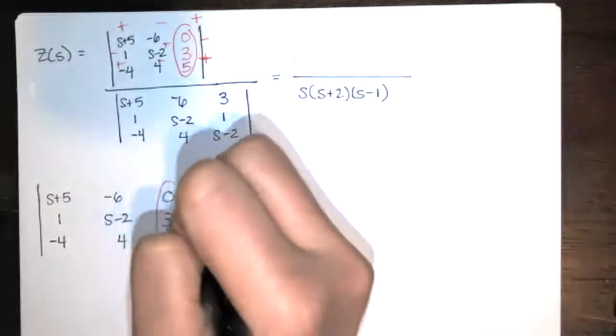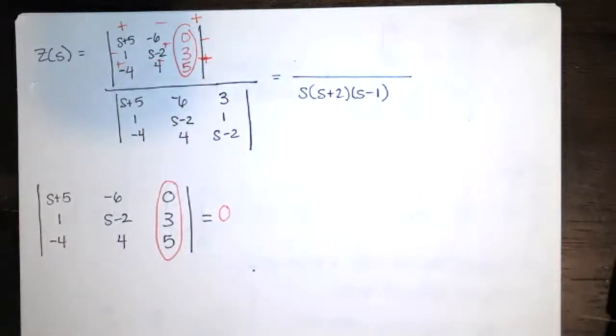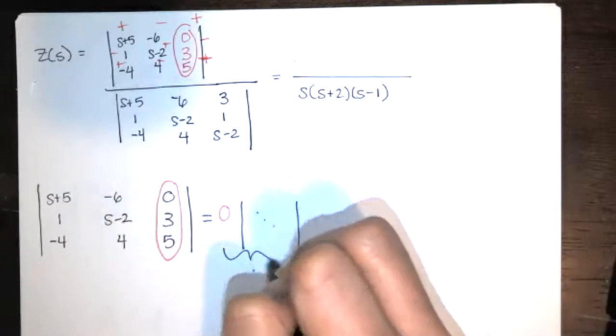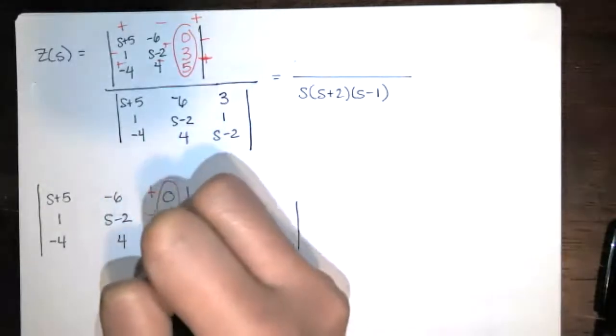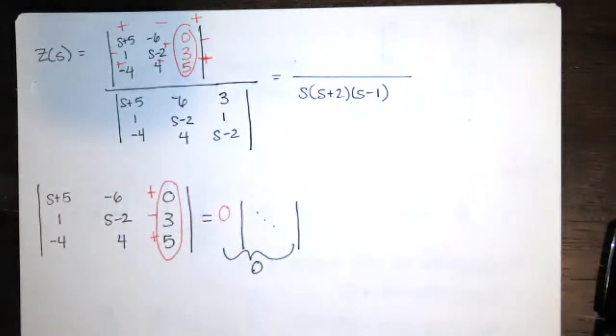Along this column, we'll have 0 times the 2 by 2 determinant that comes from crossing out the row and the column containing that 0. 0 times anything is 0, so we're not going to do the work. Well, we are doing the work, but we're simplifying the work by choosing wisely.